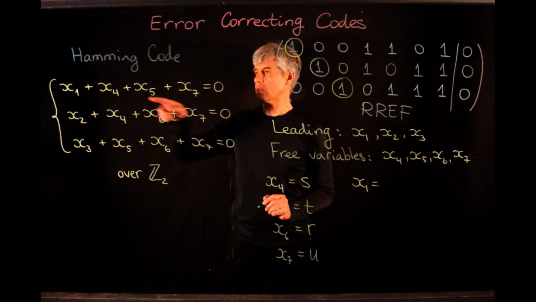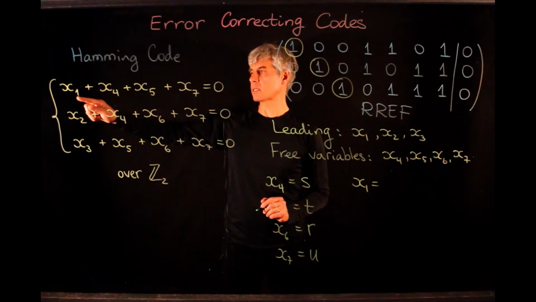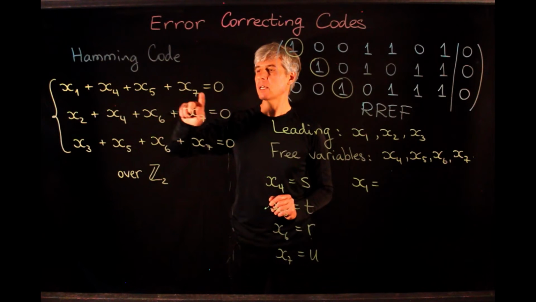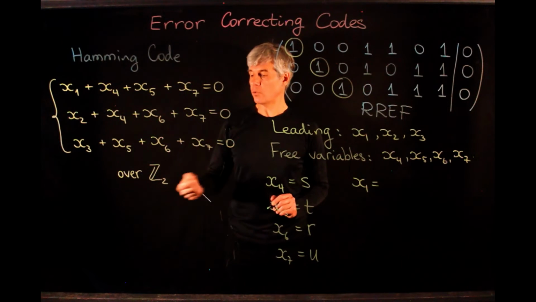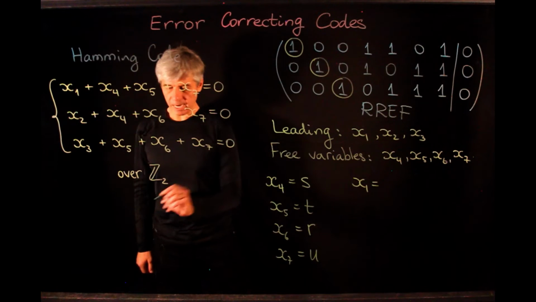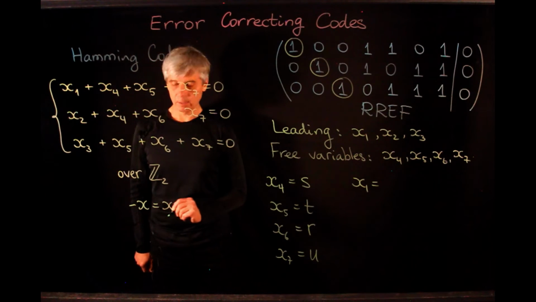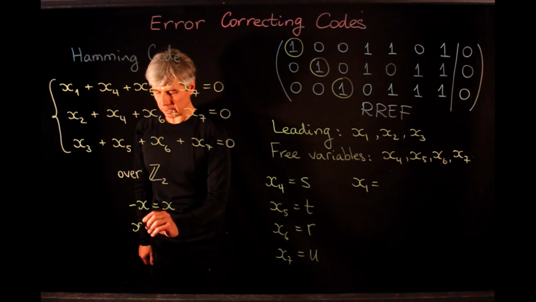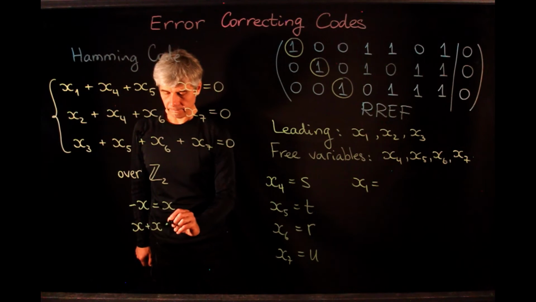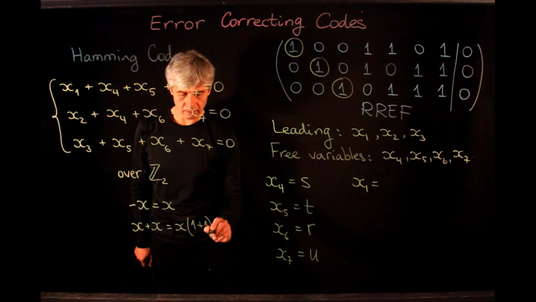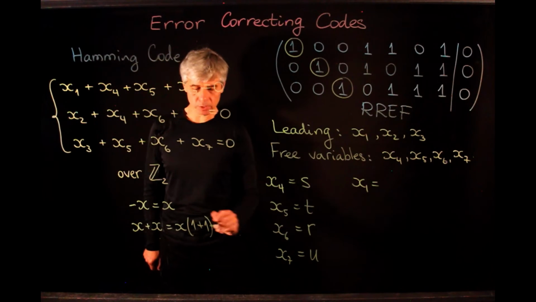If we bring this to the right hand side, then this reads x1 is equal to negative x4, negative x5, negative x7. But over Z2, minus x and x are the same thing, right? Because x plus x is x times 1 plus 1, but 1 plus 1 over Z2 is 0.